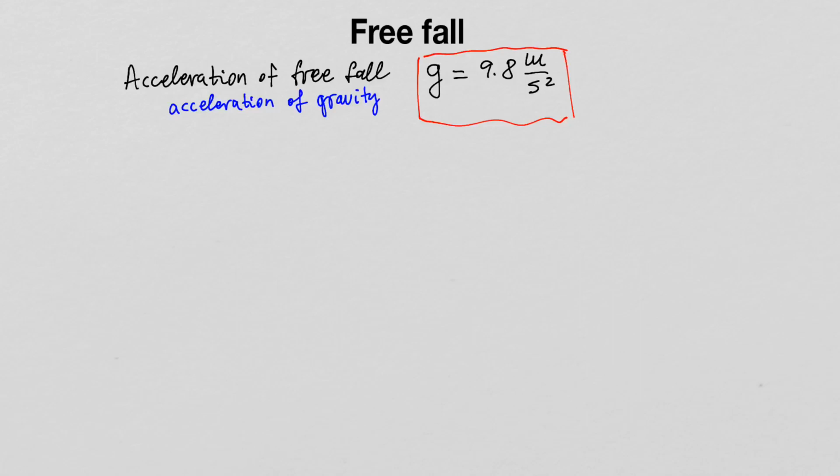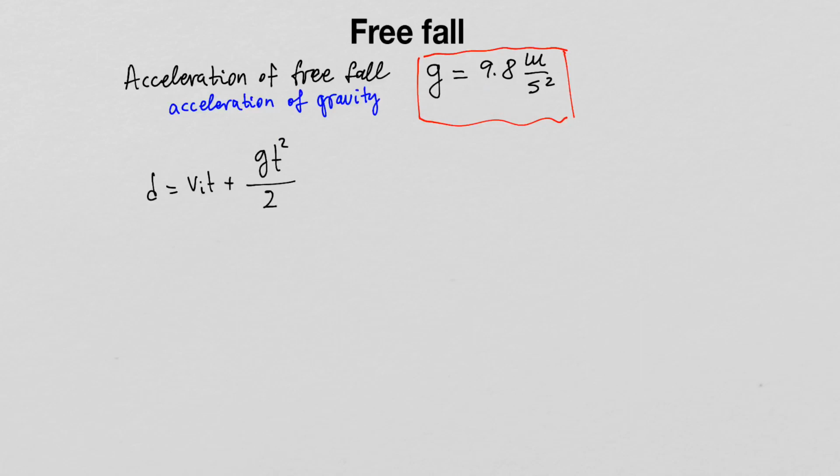Okay, so since now we have a specific acceleration to deal with in the case of free fall, I will rewrite the formula for distance traveled with constant acceleration to fit this case. And the formula is very straightforward.